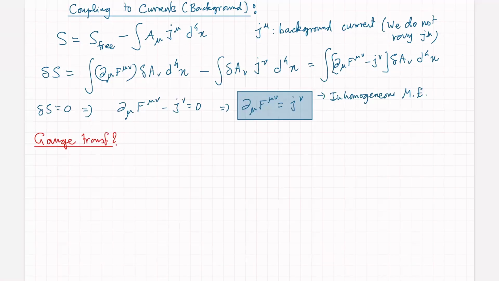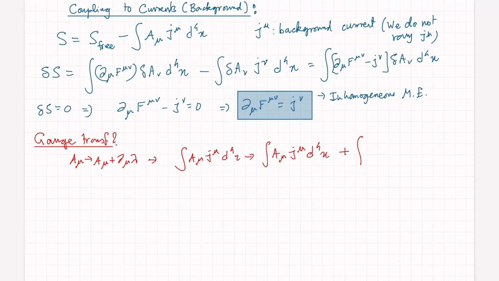If we do the gauge transformation, A mu goes to A mu plus del mu lambda. Let's see how we know the first one is invariant. S free does not change under this transformation, so we don't need to worry about that. Let's just look at how this term changes. A mu J mu d4x goes to A mu J mu d4x plus del mu lambda J mu d4x.